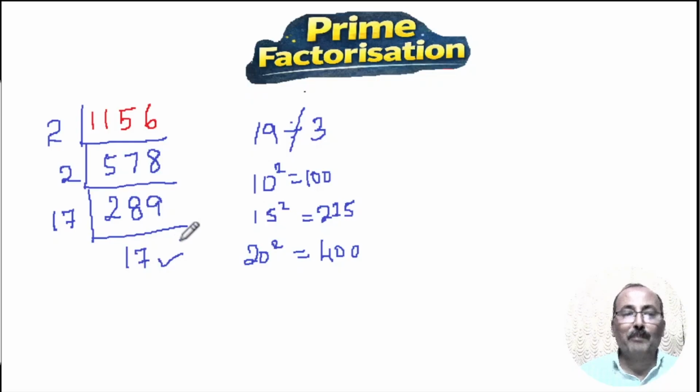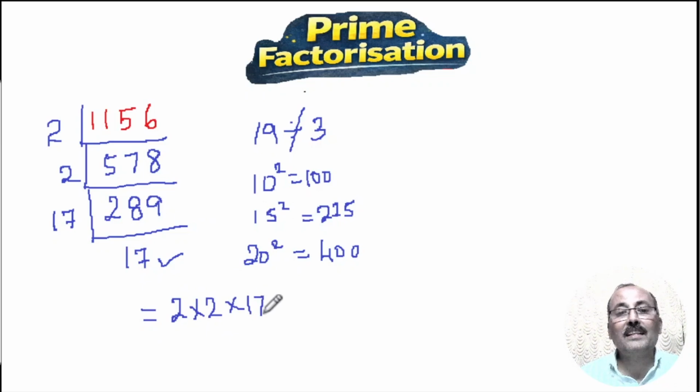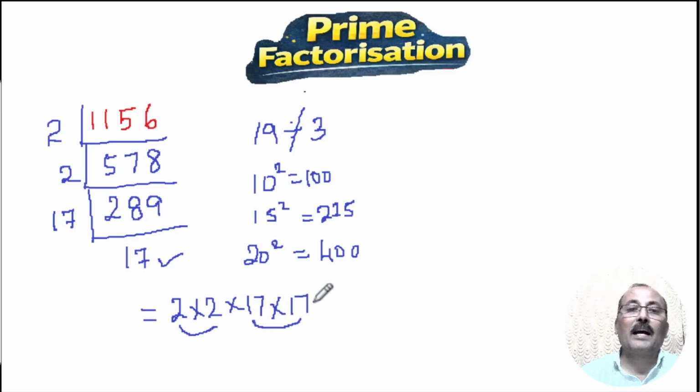Because 17 is a prime number, hence 1156 is a perfect square number: 2 into 2 into 17 into 17. So 2 is there in a pair and 17 is there in a pair.